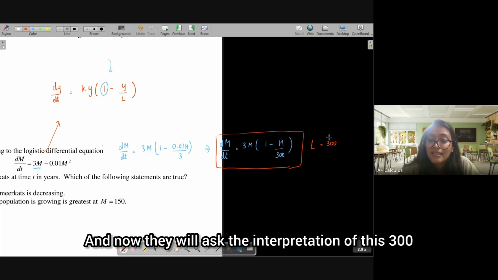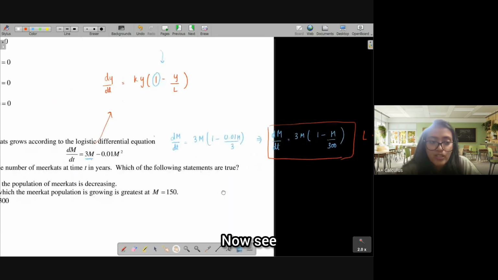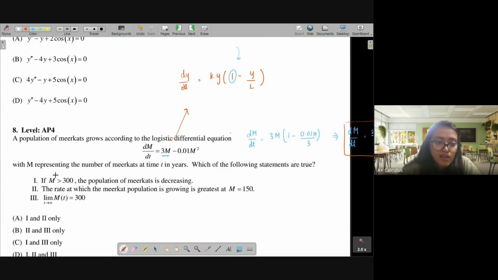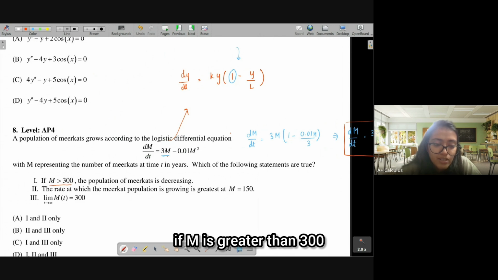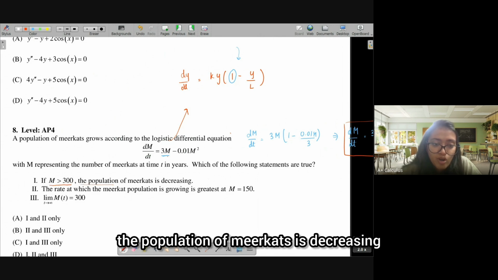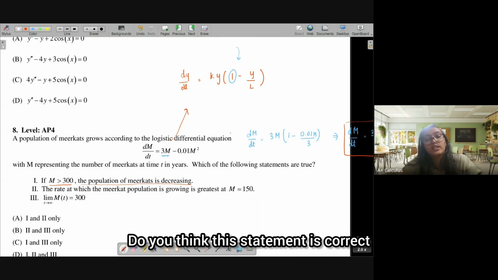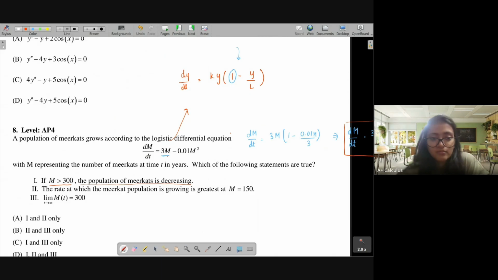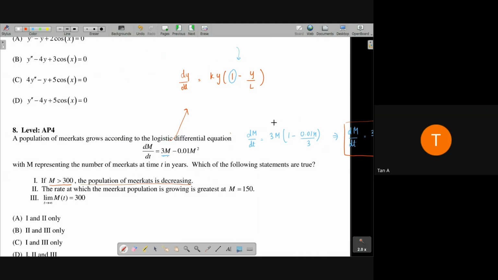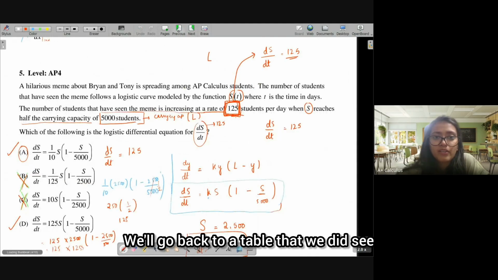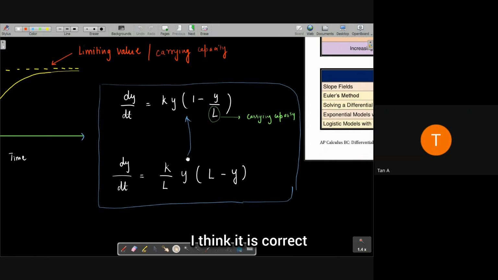And now they will ask the interpretation of this 300. Let's read the answer choices. First, if M is greater than 300, the population of meerkats is decreasing. Do you think this statement is correct? We'll go back to a table that we did. I think it's correct.